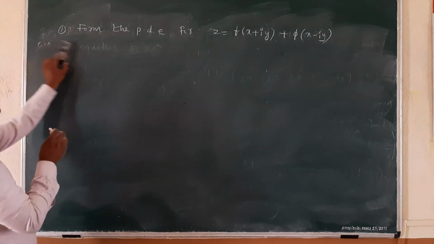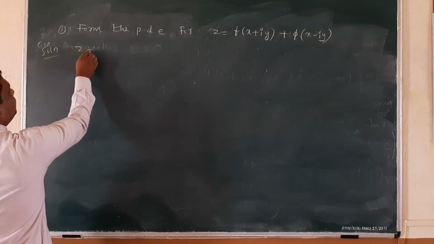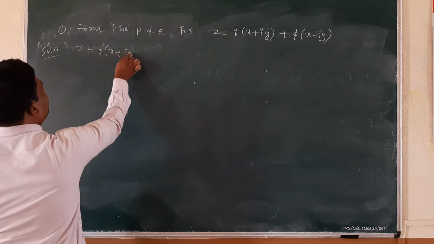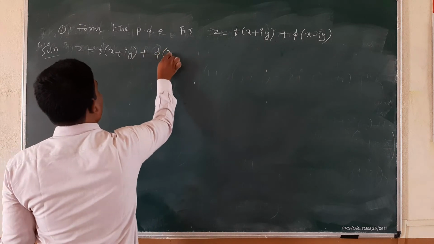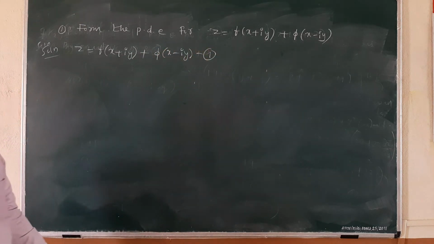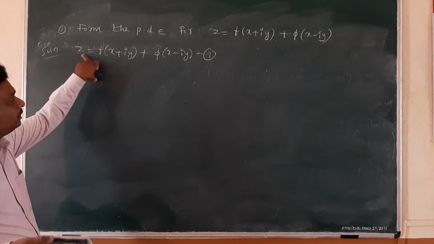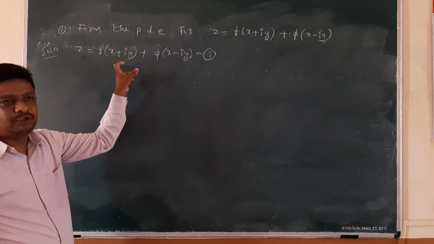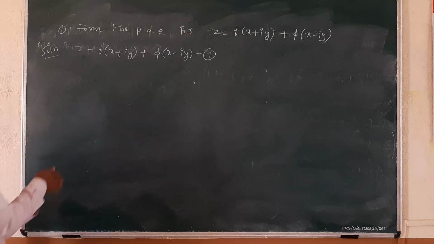Solution: z is equal to f of x plus iy plus phi of x minus iy. So now I will differentiate z with respect to x partially 2 times and z with respect to y partially 2 times. Then I will eliminate the arbitrary function.